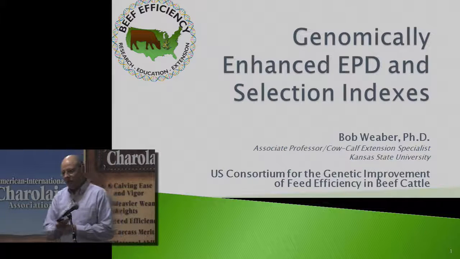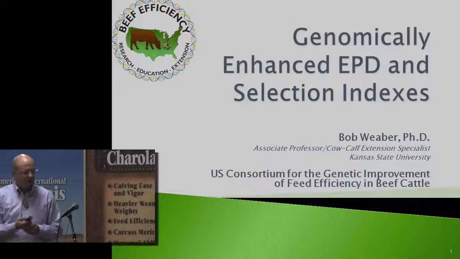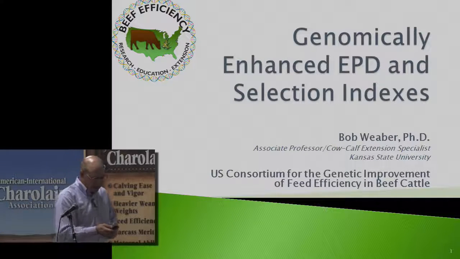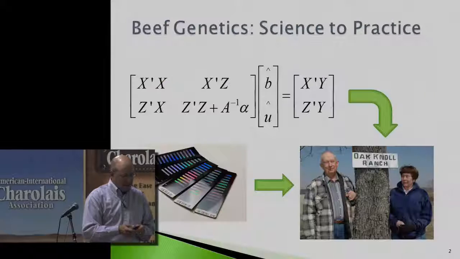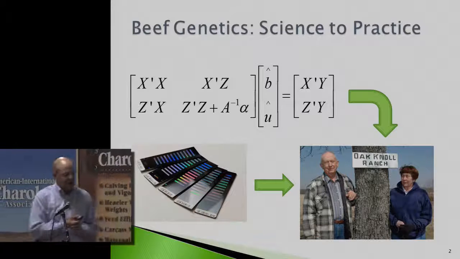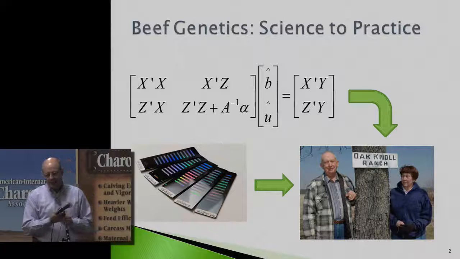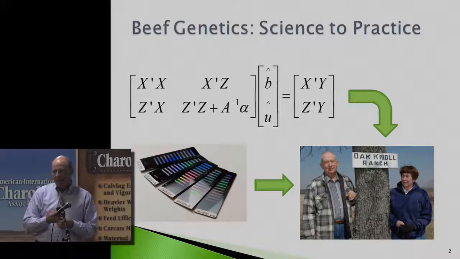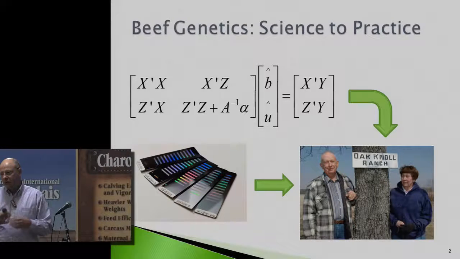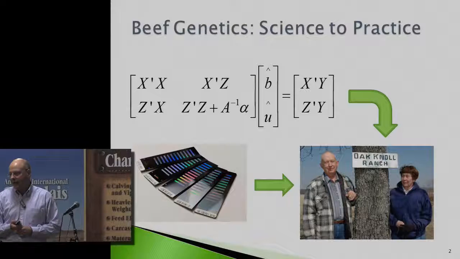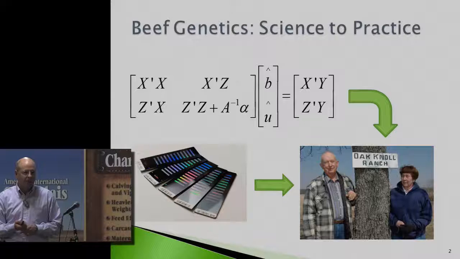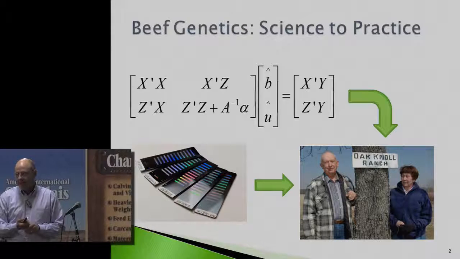My topic today is to talk about genomically enhanced EPDs and selection indexes, and we'll do that with some additional material thrown in as support. One of the things I always try to think about is that as we work in genetics and genomics, it's pretty complicated. But at the end of the day, we have an objective, and that objective is really pretty simple. That is to help seed stock producers make better and more informed selection decisions.